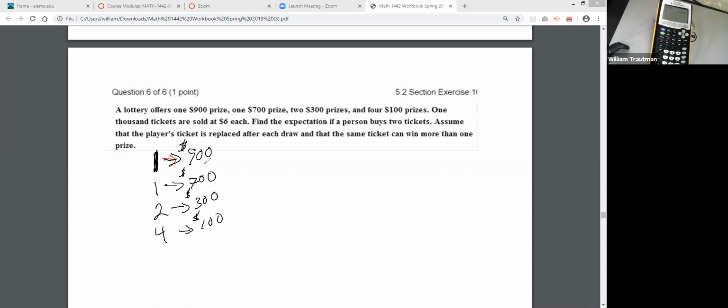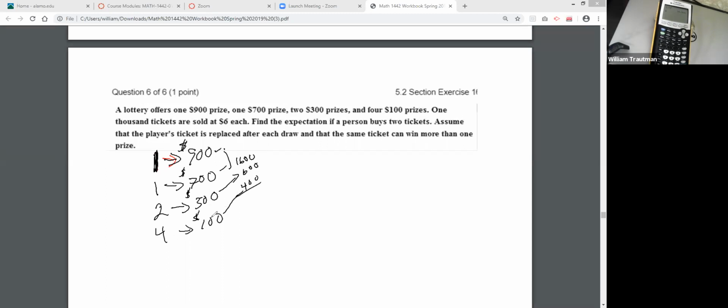Let's add all that money up. 900 plus 700 is 1,600. 300 times 2 prizes of 300, so that's 600. So 1,600 plus 600 more, 2 times 300, and then we're going to add 400 more.